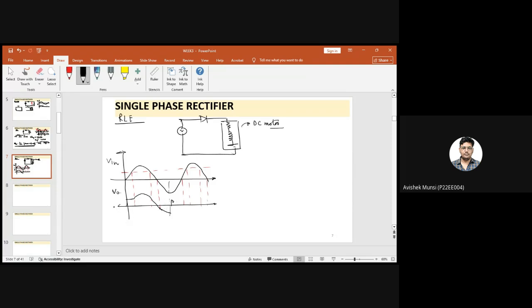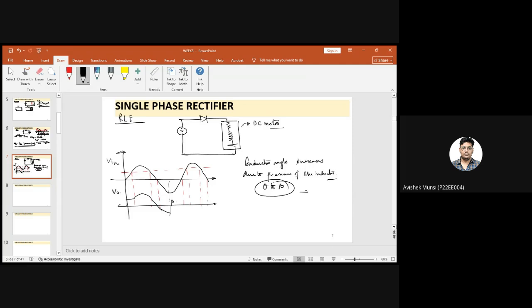So here the conduction angle increases due to the presence of the inductor, obviously from the figure it is clear. So we'll get conduction from theta to beta.